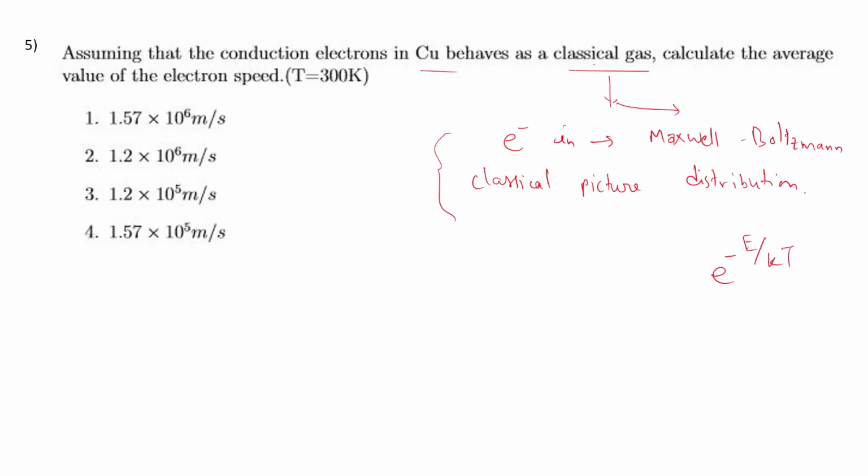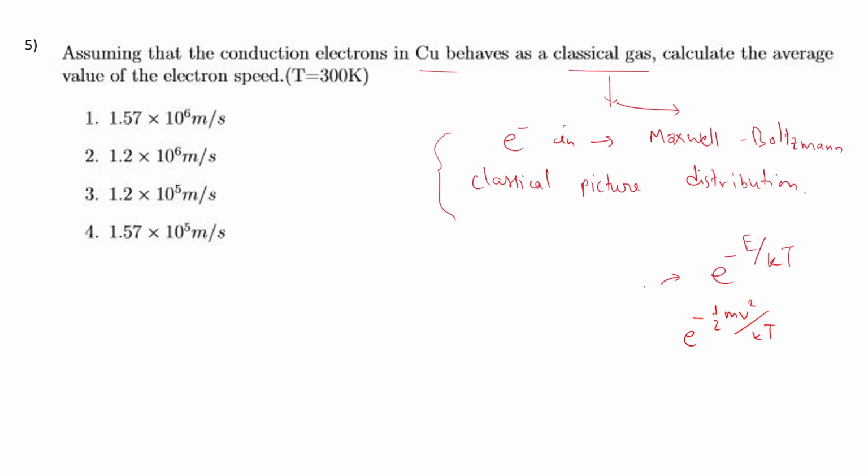So if it had asked about a quantum gas, we would have used the Fermi-Dirac function. But since it is asking about a classical gas, we have to consider this. Since it is a free classical gas, E is nothing but the kinetic energy, half mv square, over kT.